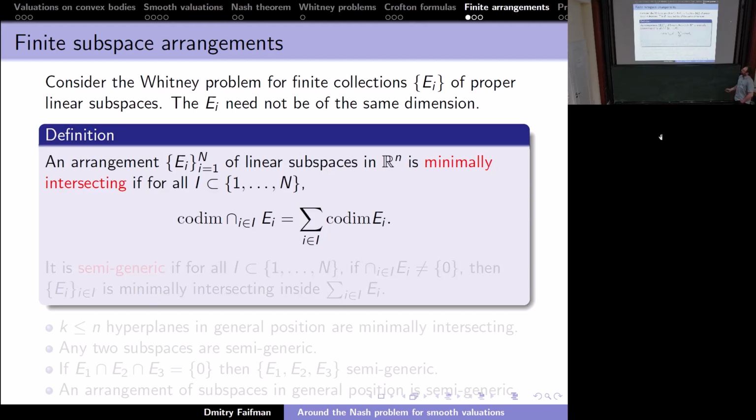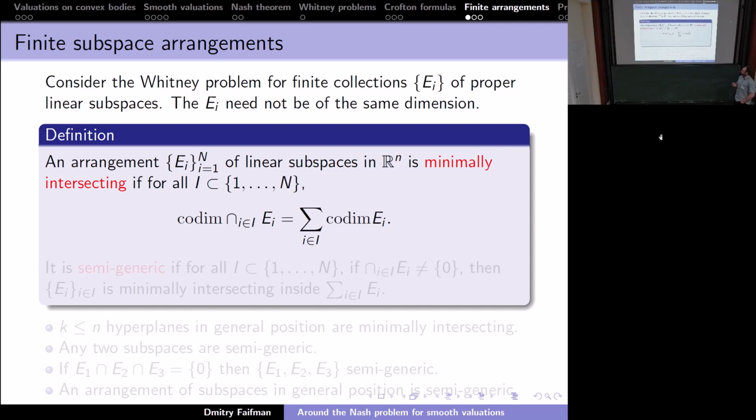Here's the definition. We will call an arrangement of linear subspaces minimally intersecting if for any subset of this collection, the codimension of the intersection is the sum of the codimensions. So this is what you expect of a generic intersection, but not quite, because for instance, if you have two lines in R^3, then generically they intersect at a zero-dimensional space, not a -1-dimensional space. So minimally intersecting somehow means that they're still intersecting, that the ambient space is not too large for it.